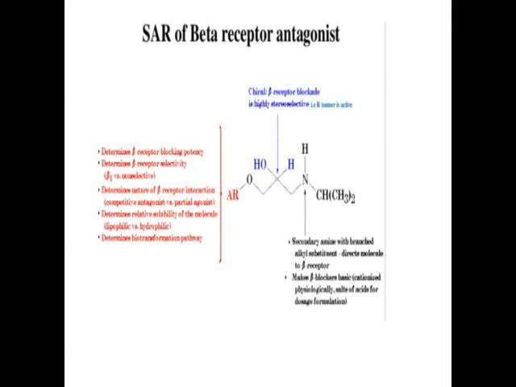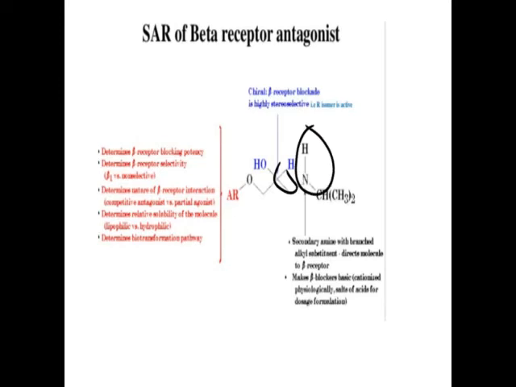If the aryl group is a heterocyclic ring or a naphthalene ring, it will show better antagonist activity. Then this carbon is a chiral center. In case of a chiral center, the drug becomes highly stereoselective.